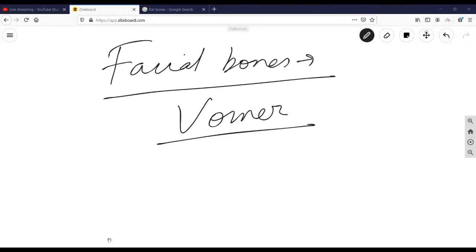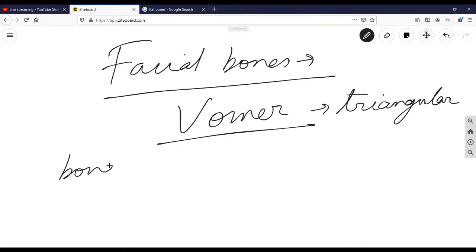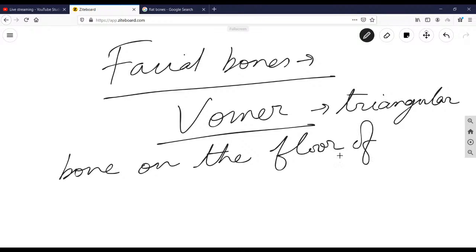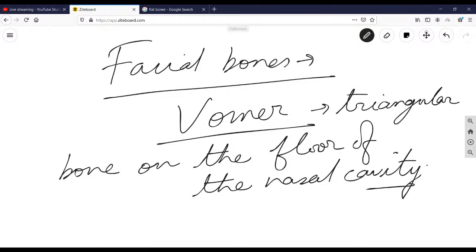It is a triangular bone on the floor of the nasal cavity. Triangular bone, I'll show it to you, on the floor of the nasal cavity, which articulates superiorly, meaning from the top, with the perpendicular plate of the ethmoid bone and also the sphenoid bone.